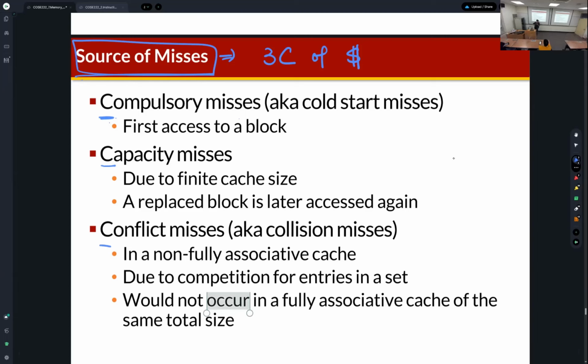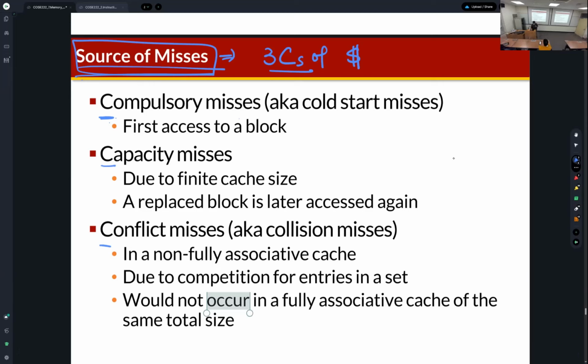So the 3Cs of cache explain the reason of cache misses, which means why a cache miss occurs in a target cache.